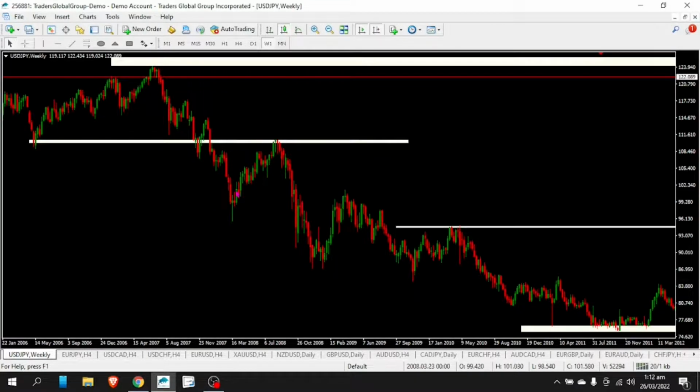In order to know how far price will pull back, is it from this level to this level, or from this level back here? We are not sure. Fibonacci will also help us.